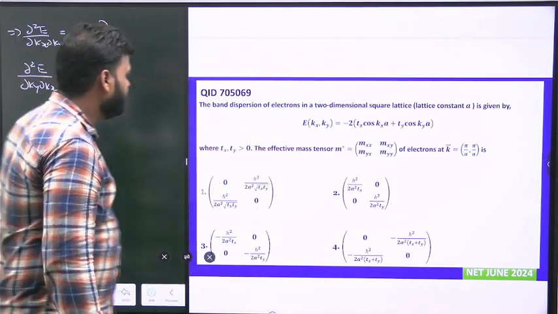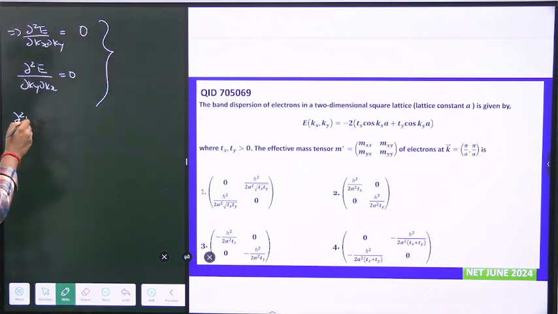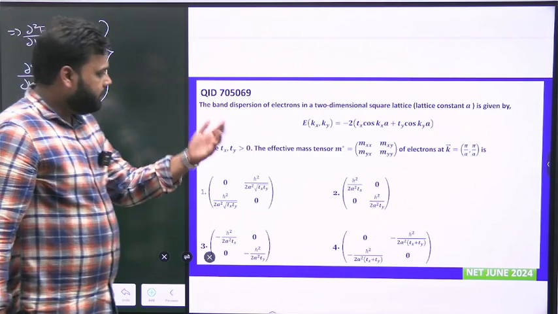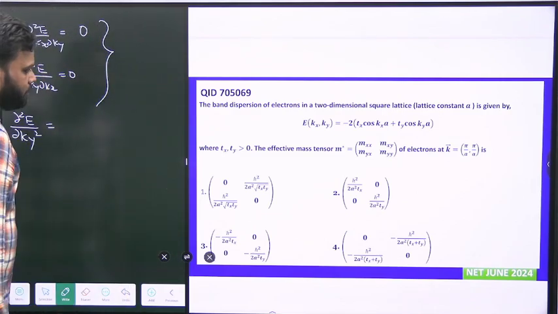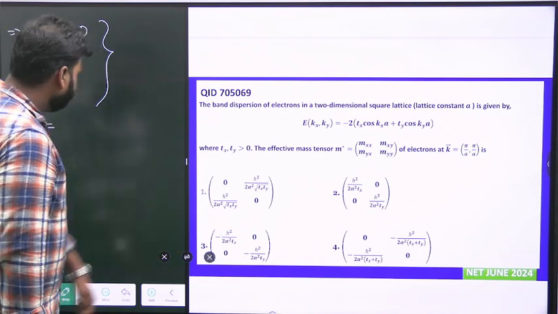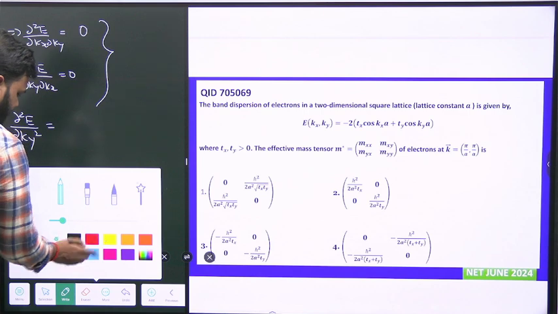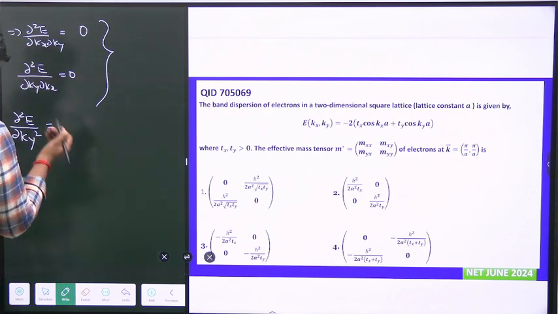Now let's find out del 2E by del ky square. Let's find it in a similar way as we found del 2E by del kx square. I'm writing the direct equation here after what we will get.